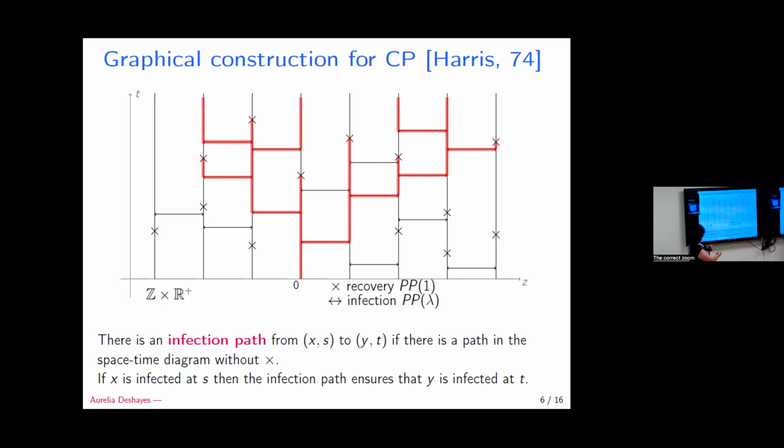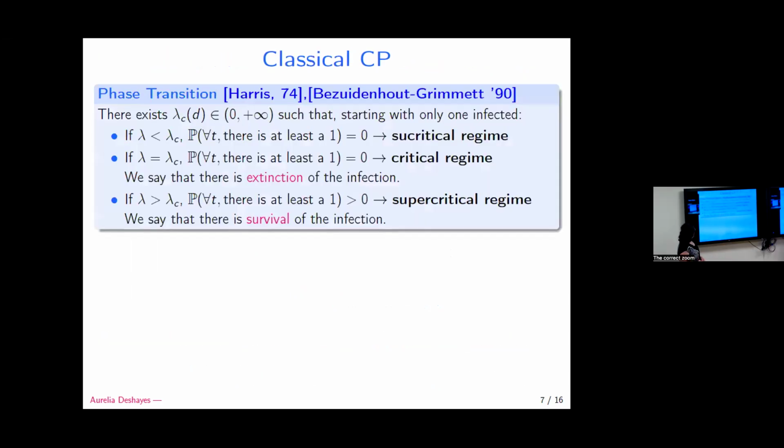In our process, SPONT and IS, it will not be so easy, because maybe you have a path in this drawing, but there is a -1 blocking. So you need to know more about the environment, and just the percolation structure here is not enough to prove.